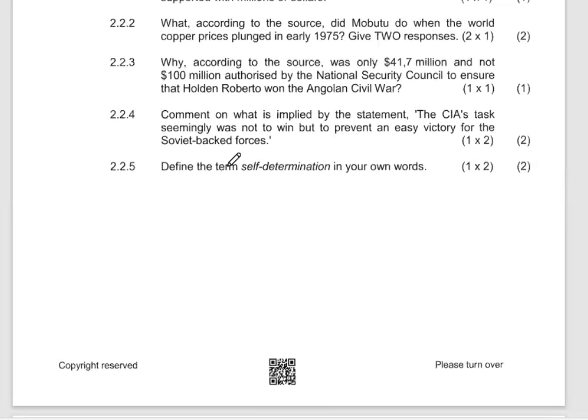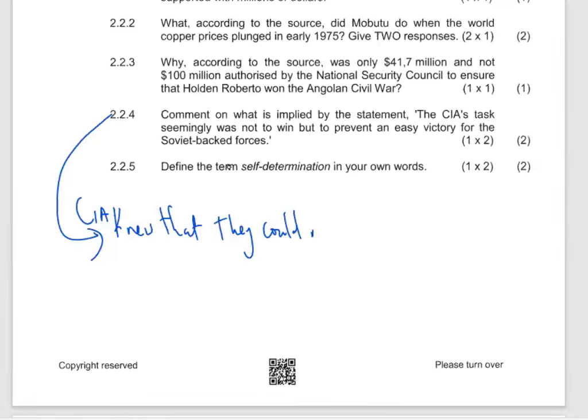Trying to answer this question, we can say the CIA in this instance knew that they could not win.